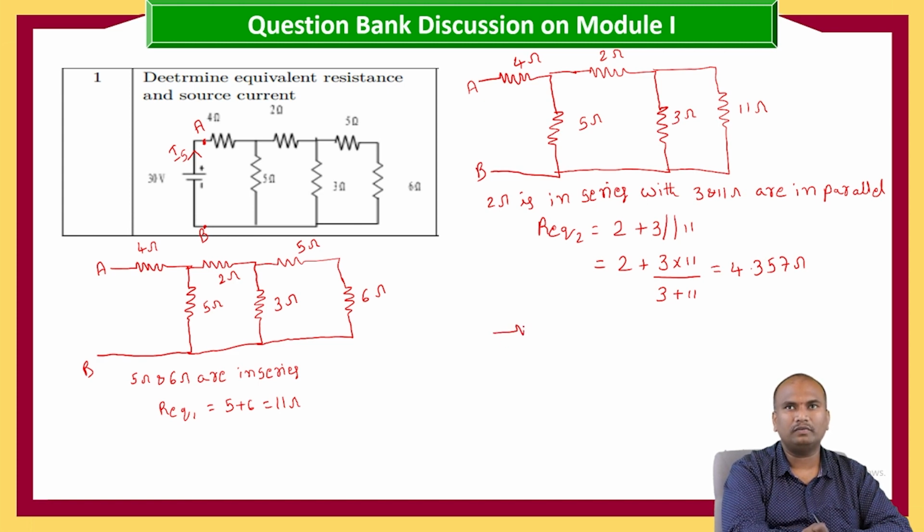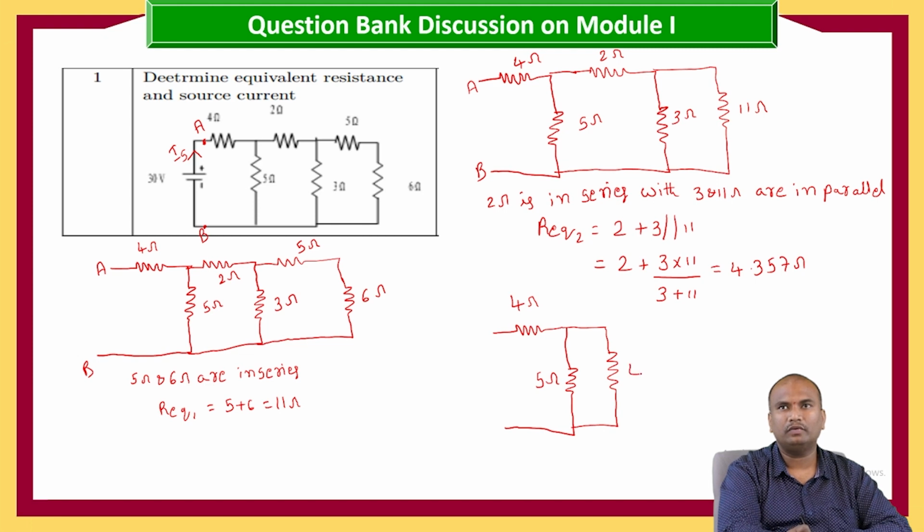Now our circuit will become 4 ohms, 5 ohms and 4.357 ohms.